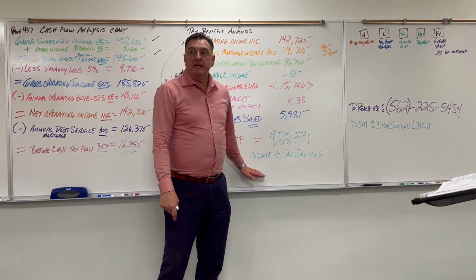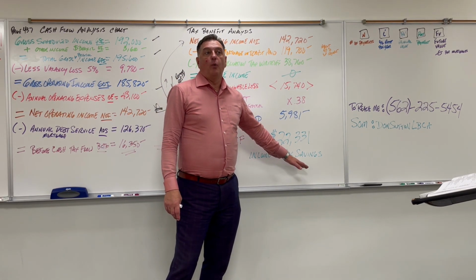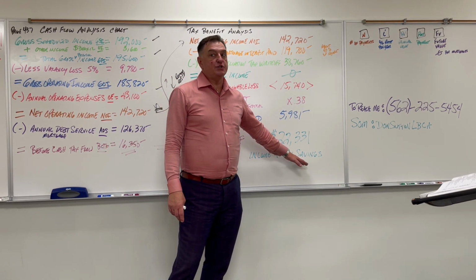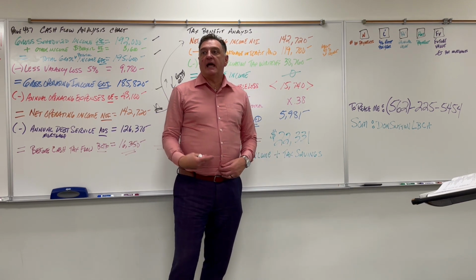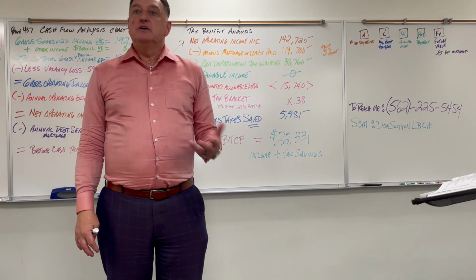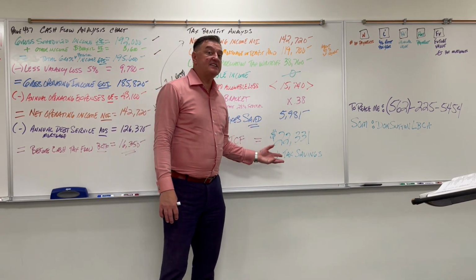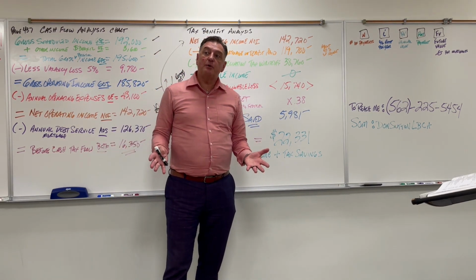The income is one thing, but the tax savings that you have with an income property is huge, especially if you are married and you have a family and you're trying to save every penny. Buying a house is one thing, but buying an income property with all the tax savings is a whole other ballgame.